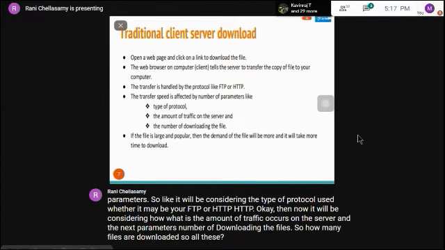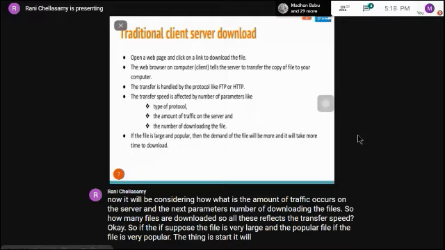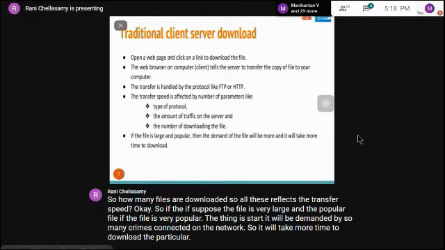All these affect the transfer speed. If the file is very large and popular, it will be demanded by many clients connected on the network, so it will take more time to download that particular file.